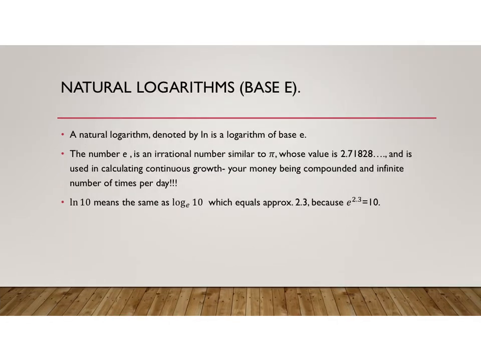Natural logarithms are logarithms of base e. A natural logarithm is denoted by ln, lowercase l, lowercase n. The number e is an irrational number, meaning it does not repeat and it does not end, similar to pi, and whose value is about 2.71828, and so on and so on.